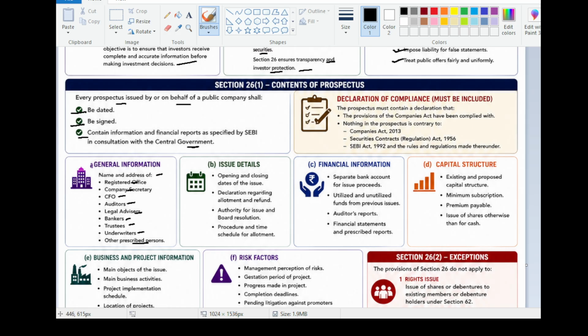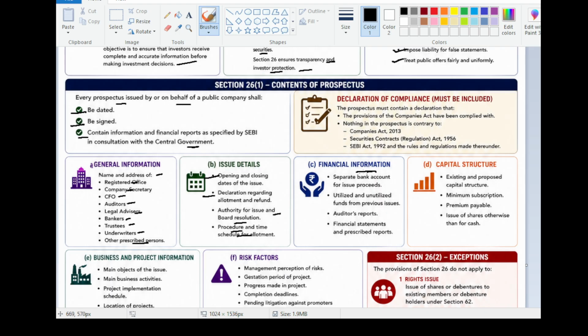Then after that, the issue details: opening and closing date of issue, declaration regarding allotment and refunds, authority for issue and the board's resolutions. Then comes the procedure and time schedule for allotment.